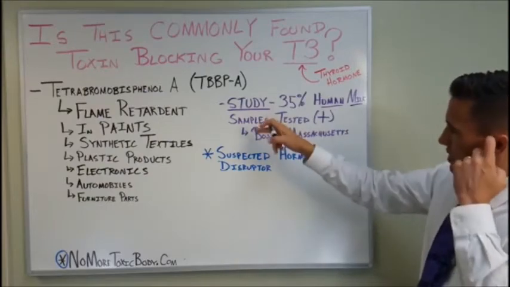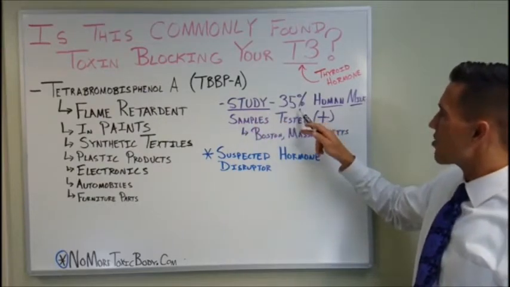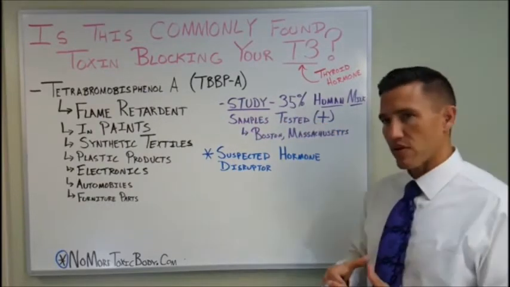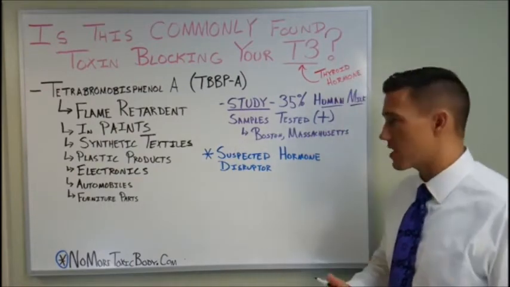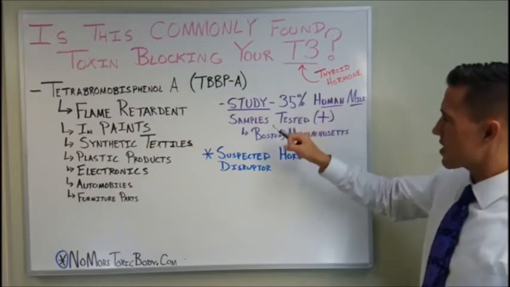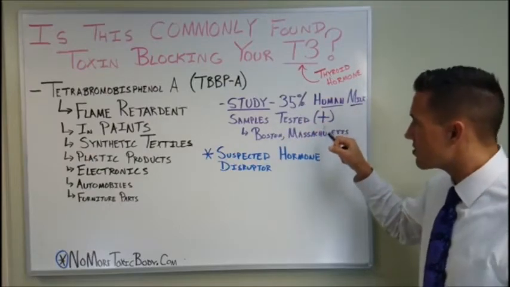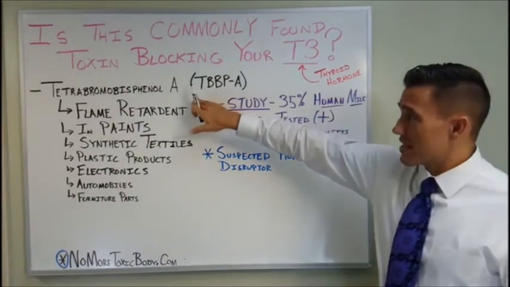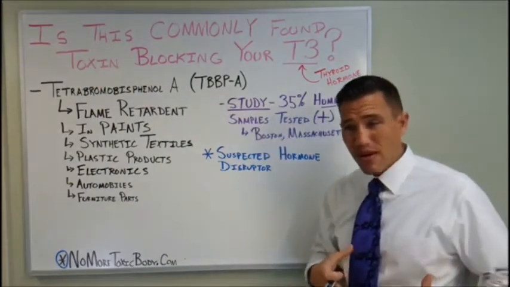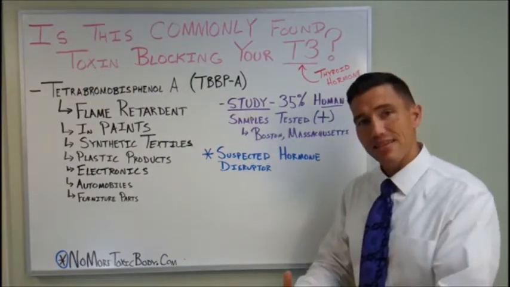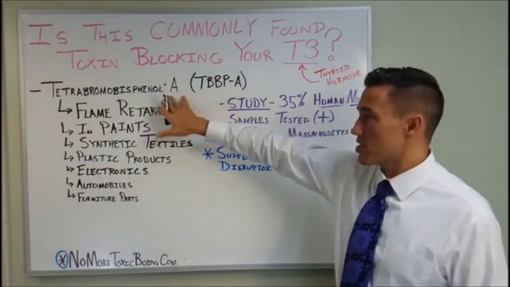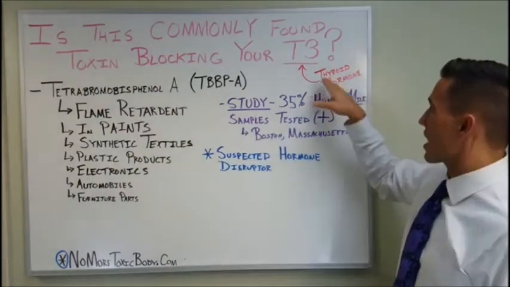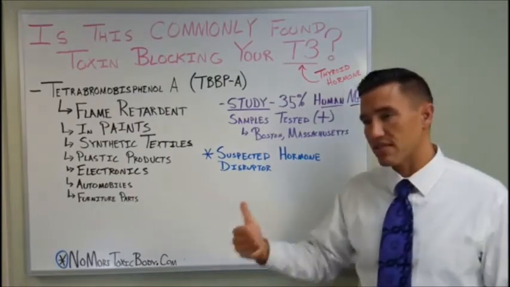Now, it was interesting that there was a study that showed 35% of women that were sampled, they checked their breast milk. They were breastfeeding mothers. 35% of the samples tested were positive for this chemical in the breast milk. Our children are getting this. And so, there are other studies that show that this is a problem in other ways than just thyroid hormone T3 sensitivity.